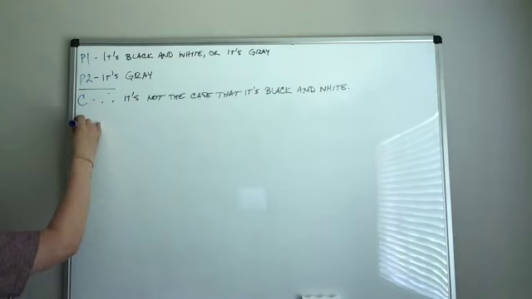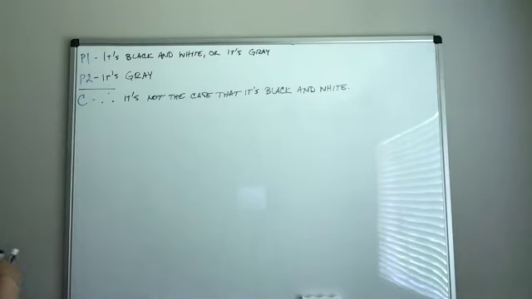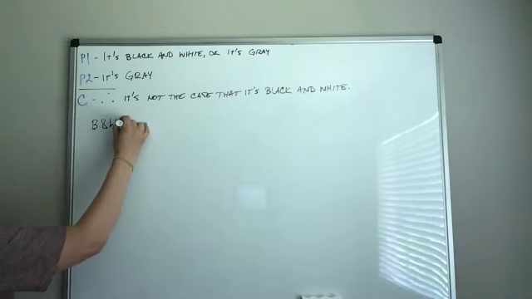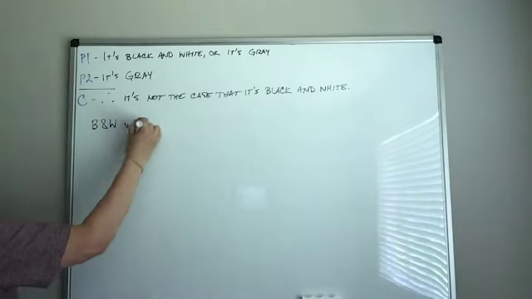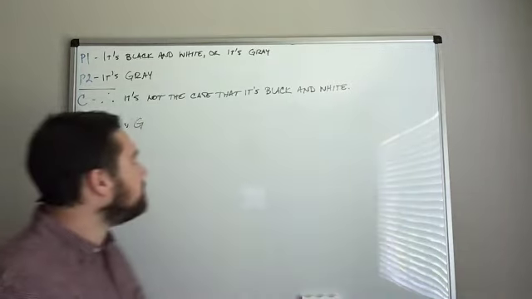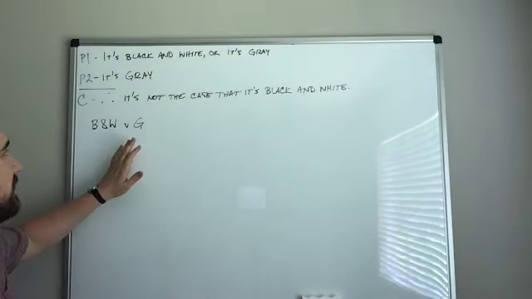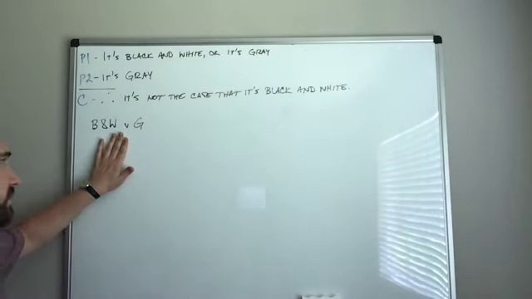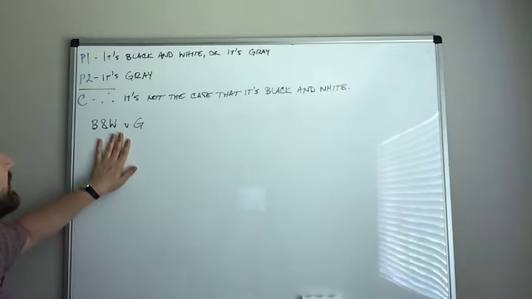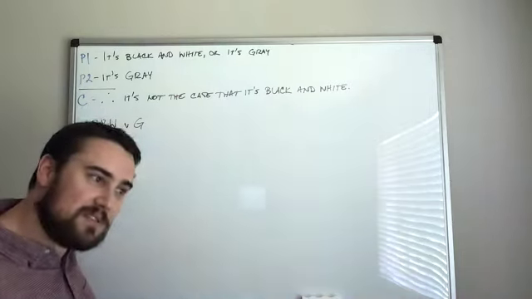So, first premise is it's black and white, or it's gray. When you do these problems, you might run into the challenge of not knowing where exactly to put the parentheses.